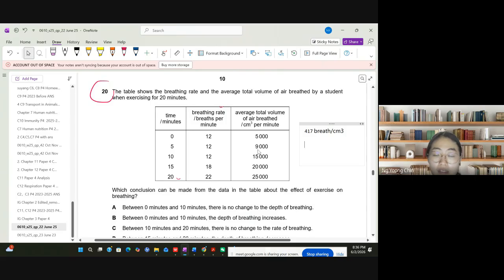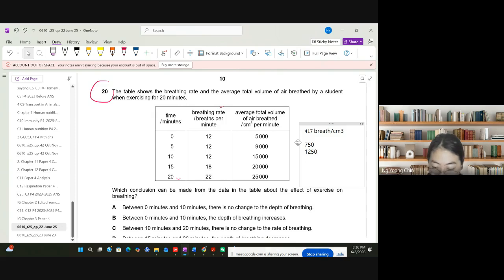And then 9,000 divided by 12, 750. And this one, 15,000 divided by 12, you get about 1250.